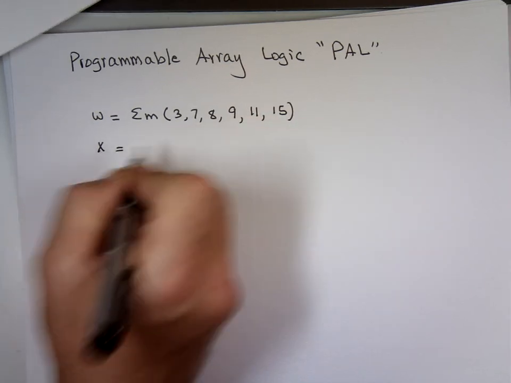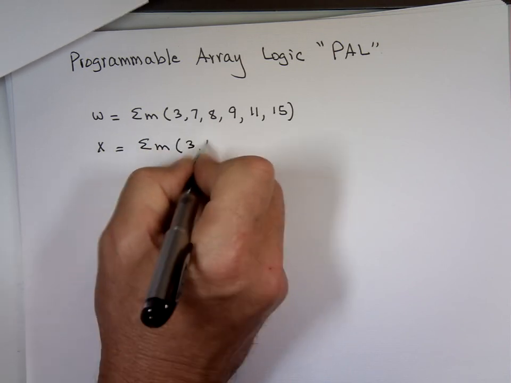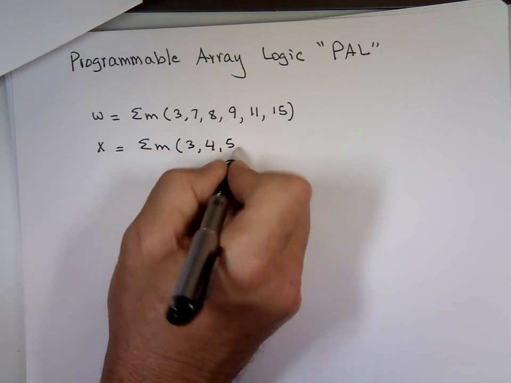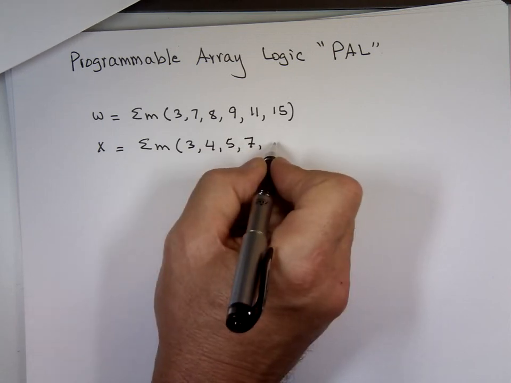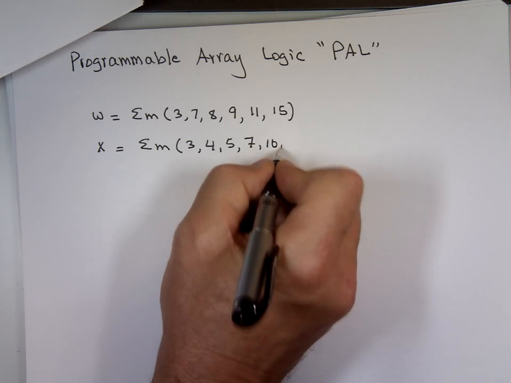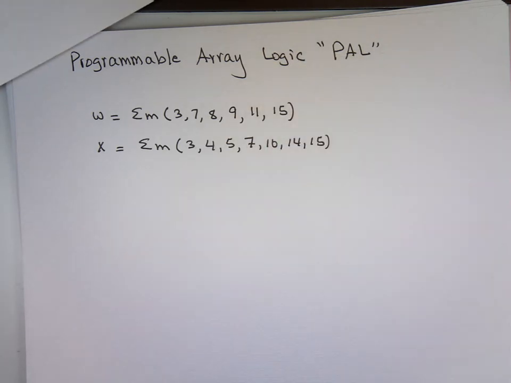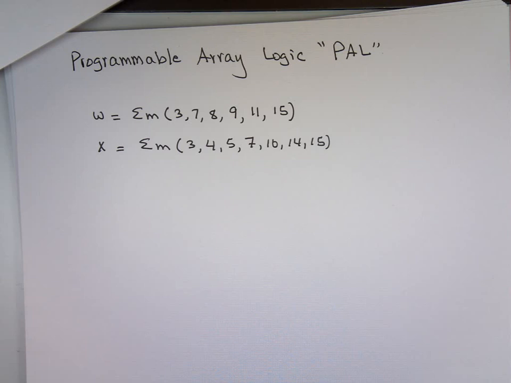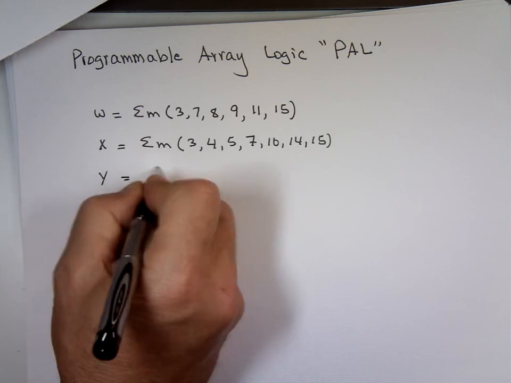X equals 3, 4, 5, 7, 10, 14, 15. On the PAL, it says you can't share a gate. An individual gate, well, you really can't unless you're creative. And I'll be creative and I'll show you what I mean by that.